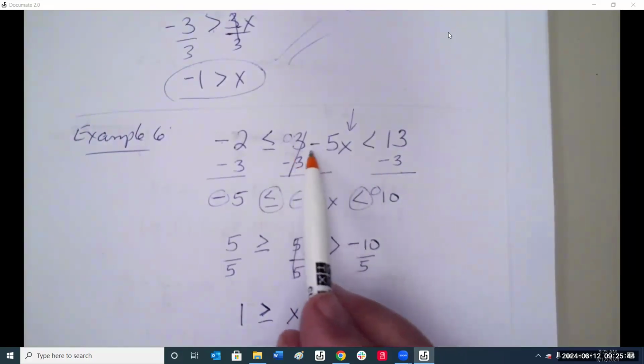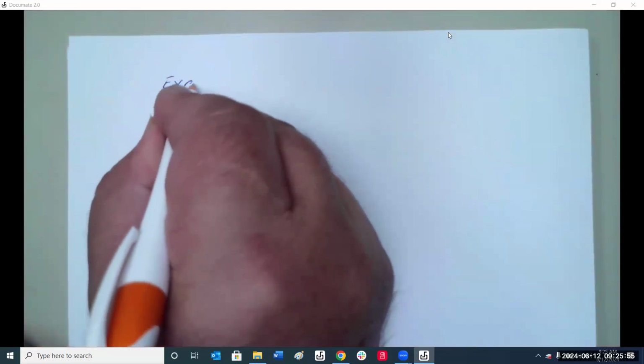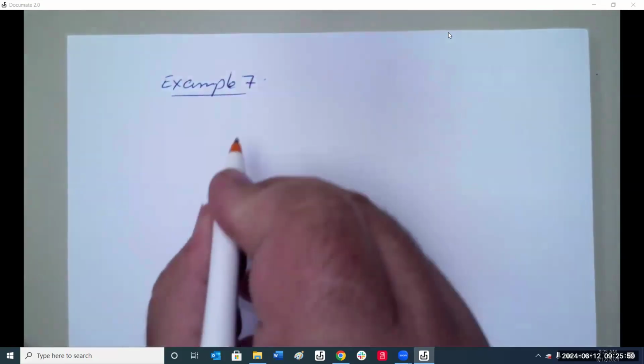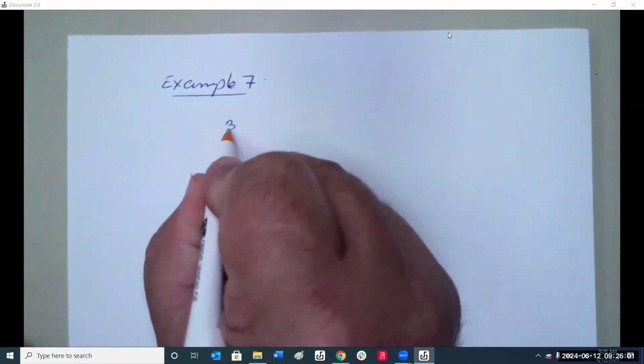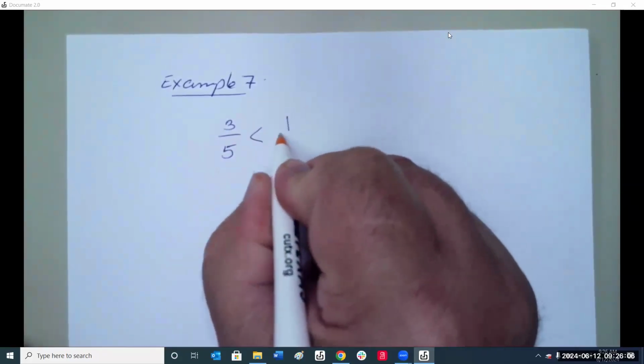So there's 2 of them in the middle and 1 on each side. The reason I asked that is for the next example. This one puts everything that we've talked about in chapter 1 on the table.